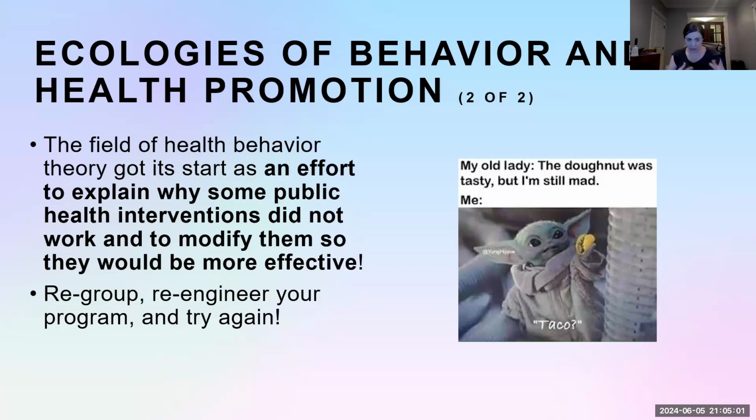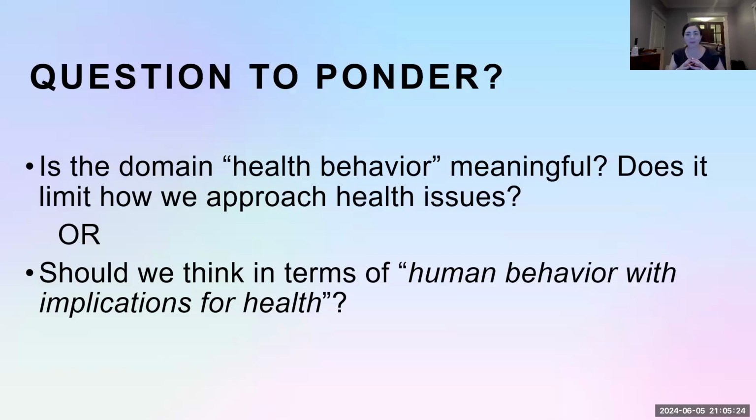Improve the health of populations, intervene where we can. But then we have to collect data during the process and see where it's not perfect. We regroup, we intervene, we take our intervention, we regroup, re-engineer it, we try again. I like this one. It's Baby Yoda offering us a taco. Sometimes we don't get it right the first time, but we can regroup.